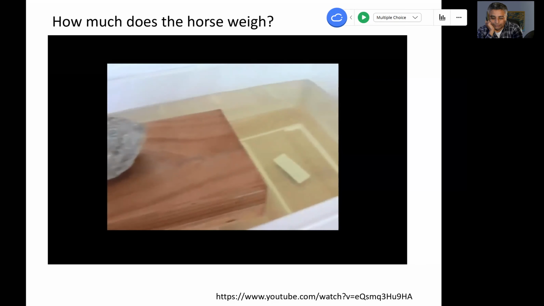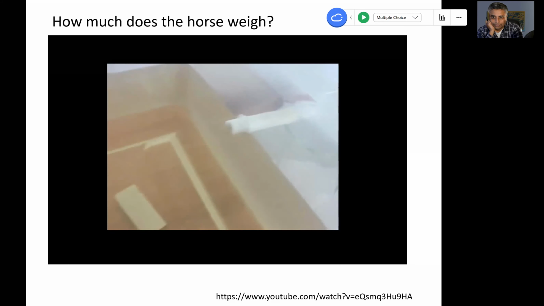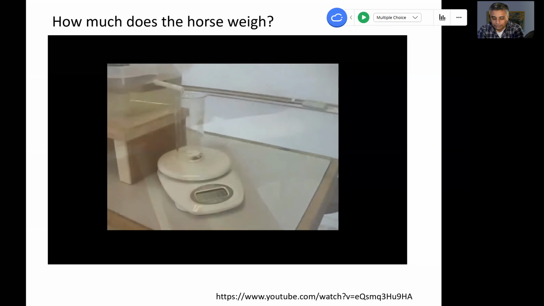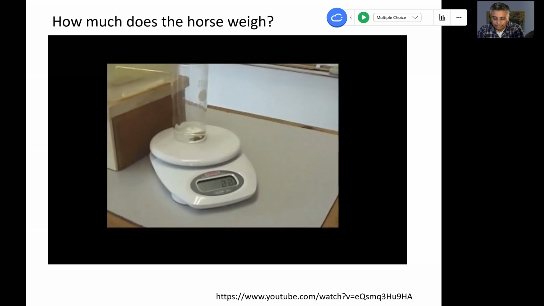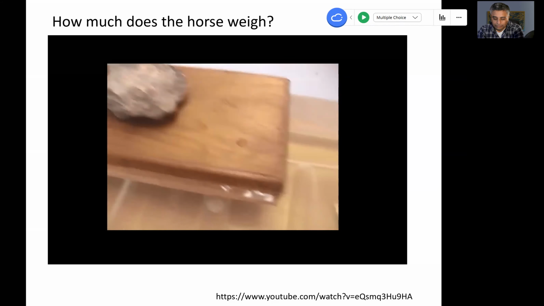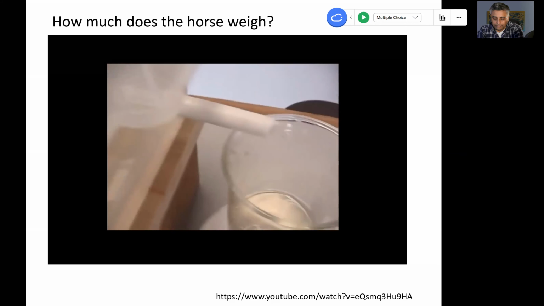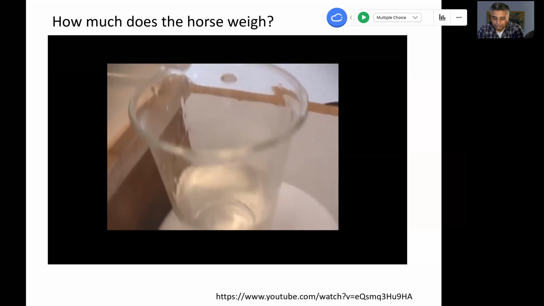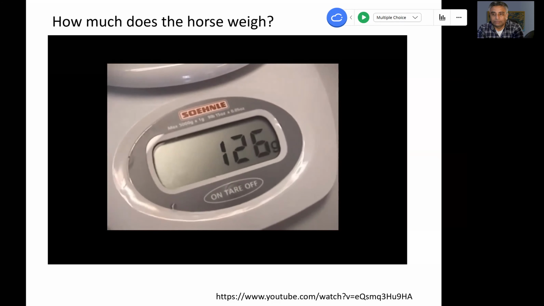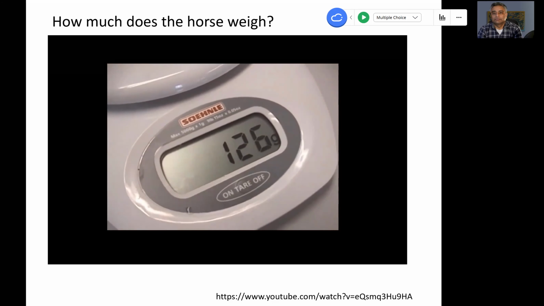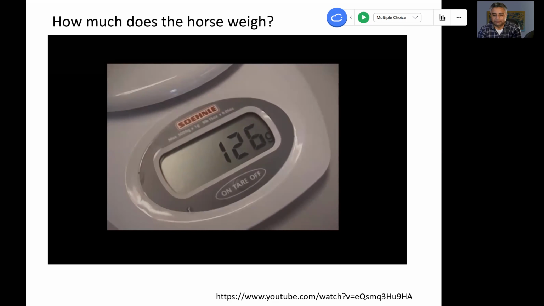Can you predict the weight of the water displaced by the stone? Did you get 126 grams? That's right. The additional weight of the stone caused the block to sink further, displacing a weight of water equal to the weight of the stone, 126 grams.